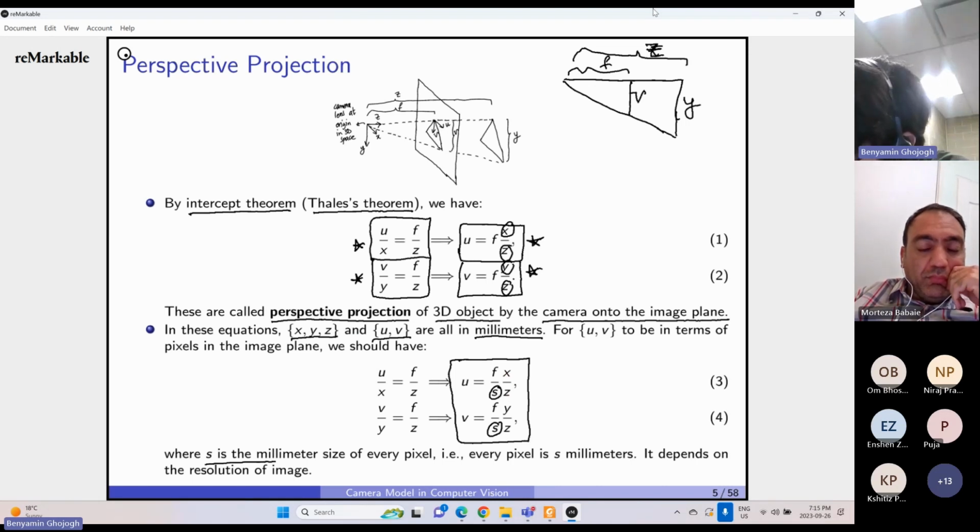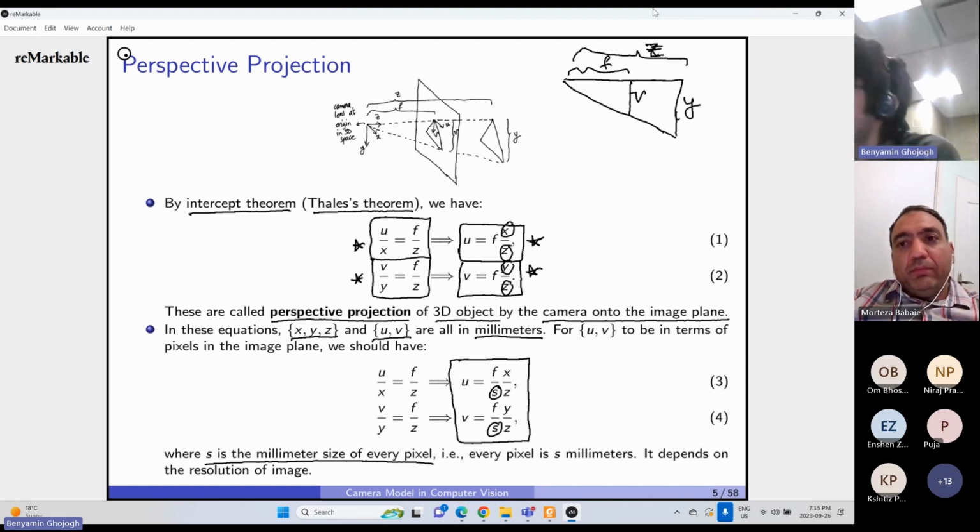S is the millimeter size of every pixel. What is the distance between every two adjacent pixels? Every pixel is S millimeters, and obviously it depends on the resolution of the image, right? So by having S in the equations, we could just have U and V in terms of pixels.